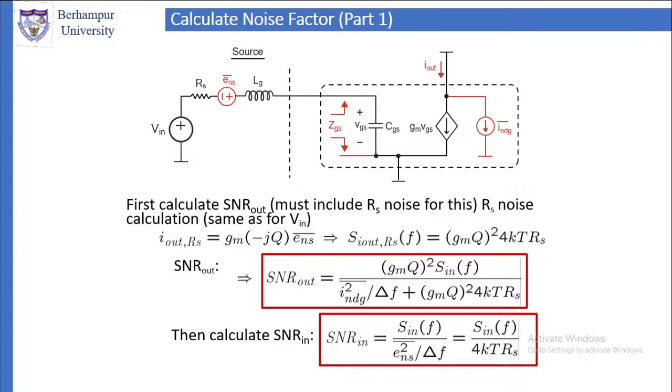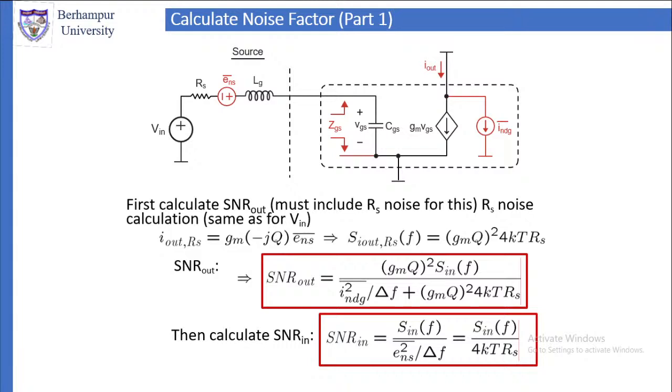So SNR out is equal to (Gm Q) whole square into the input spectral density divided by the variance due to the NDG current divided by delta F, plus (Gm Q) whole square into 4kT RS.